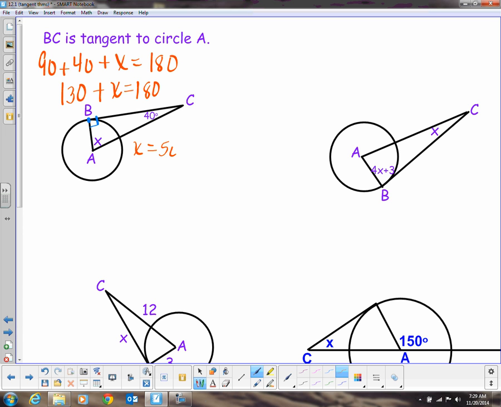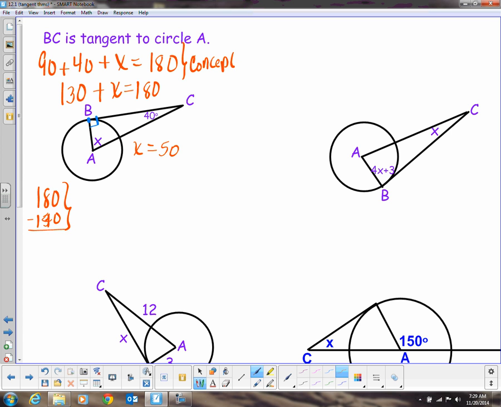50. All right, so let's talk about partial credit on a test or an assessment. If you do 180 minus 130, and let's say you made a mistake and made that 140, am I going to really understand what you did, versus if you had said 90 plus 40 plus x equals 180? Does this show me concept?